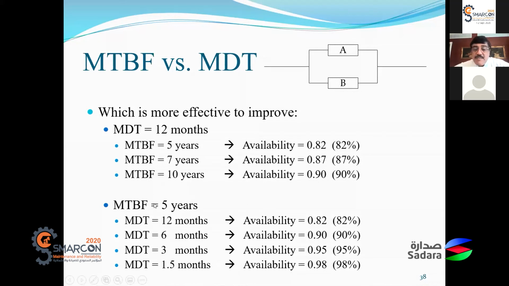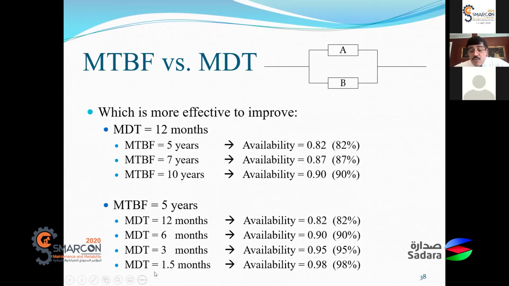But if you fix the MTBF at 5 years and try to improve the mean downtime, look at this. It's easy to improve your mean downtime from 12 months to 6 months, and you get an improvement from 82 to 90%. If you improve it to 3 months, you get 95%.